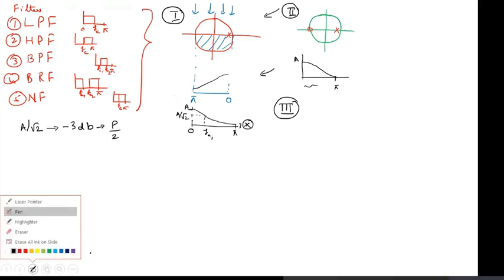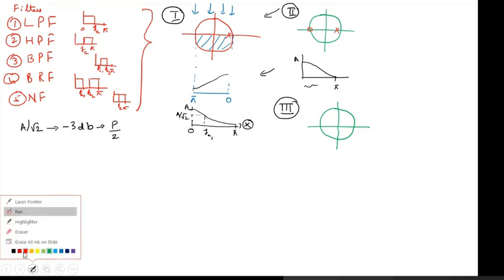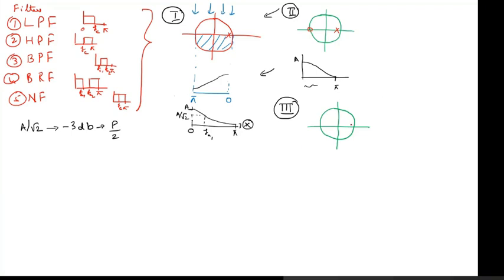The thing is that you place the pole. Okay. You have placed the zero over here. That's also fine for me.